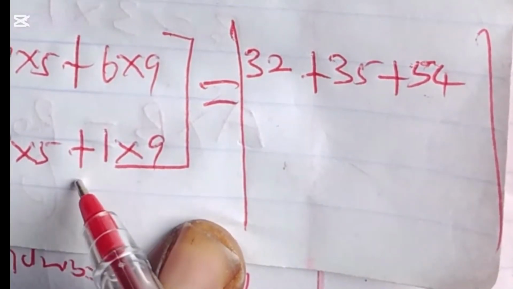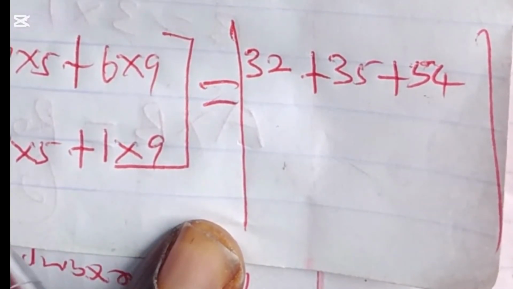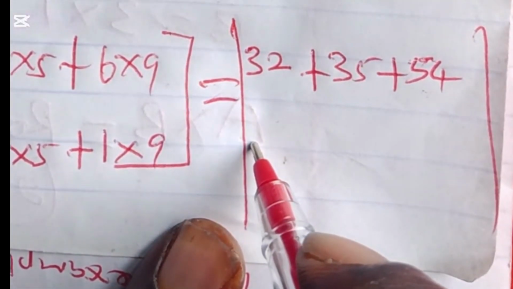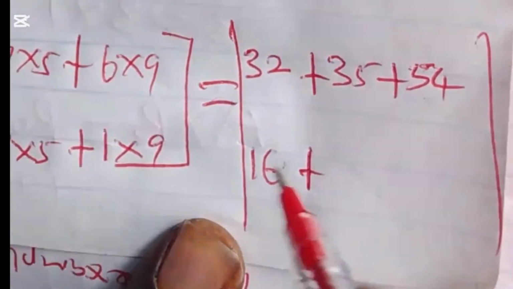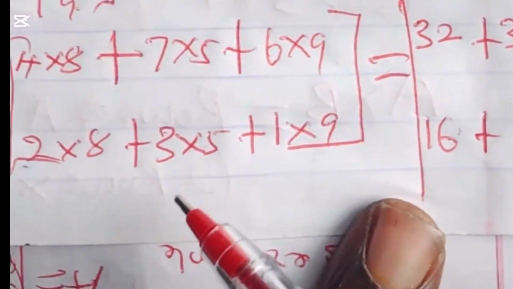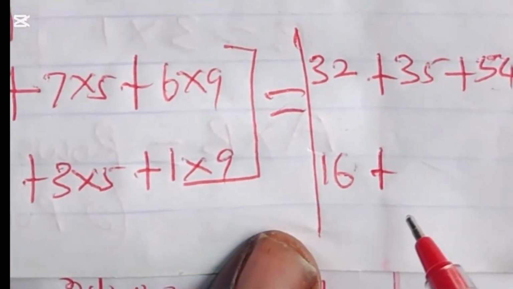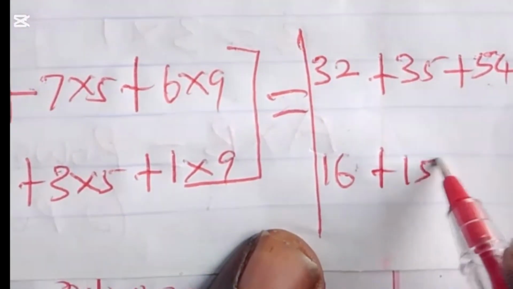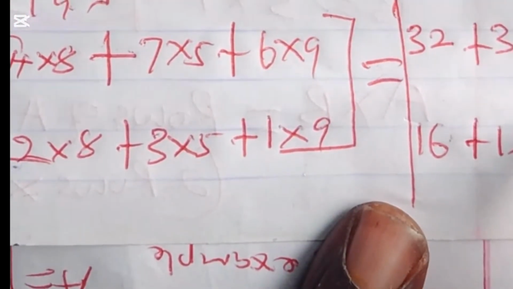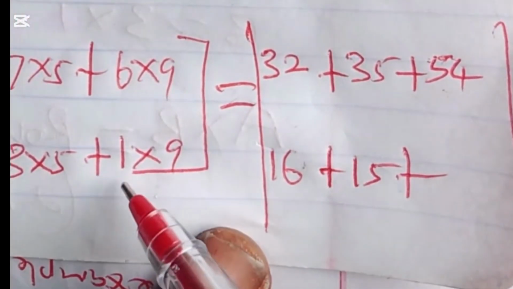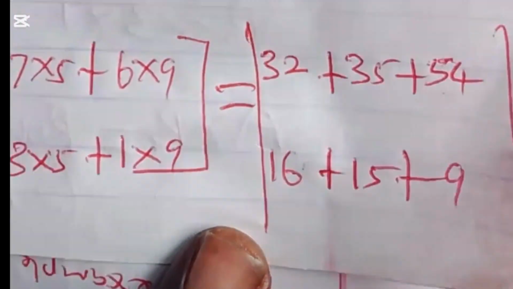Then in the second row, 2 times 8 gives us 16, plus 3 times 5 gives us 15, plus 1 times 9 gives us 9.